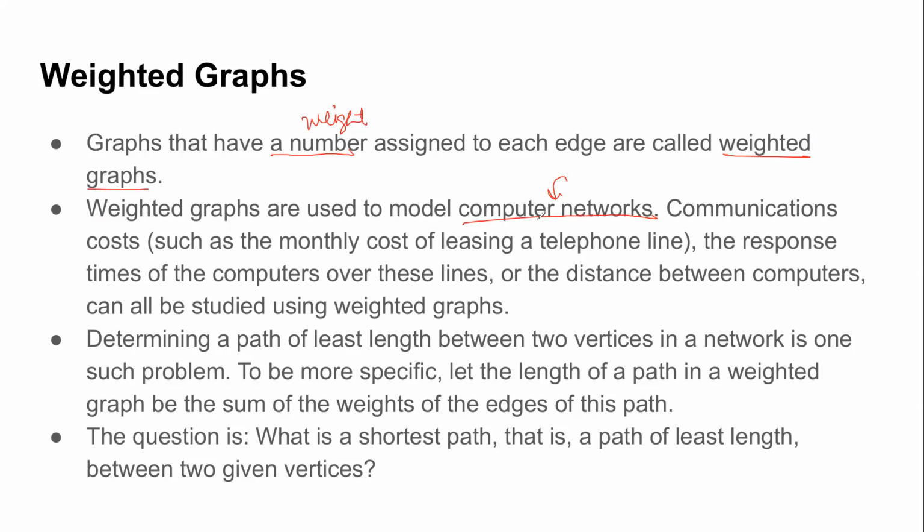How do we use weighted graphs in computer networks? The devices, whether it's an end device or a router, are the nodes. If you have a link between them, they are the edges. Now when you have to put weights on this, you look at the resources. That means how much traffic is going through that link, or what is the bandwidth of that link, how good is that link, how bad is that link.